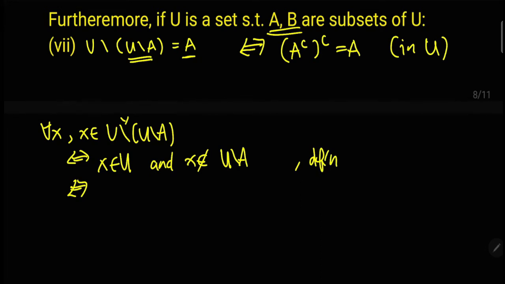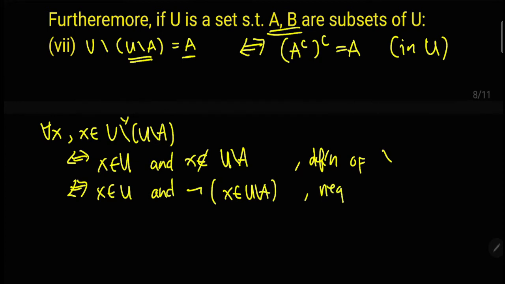Our definition is X in. So we cannot use directly the definition of complement on the second part. So how do we fix that? First, we need to remove the negation symbol. So this is the same as saying that it is not true that X is in U except A. So that's by negation.